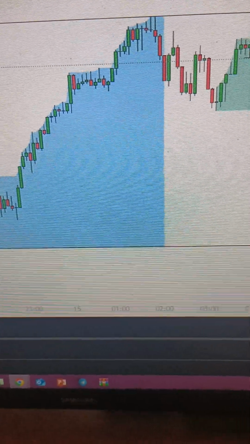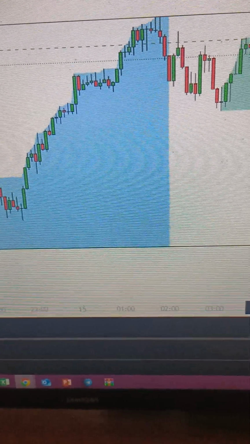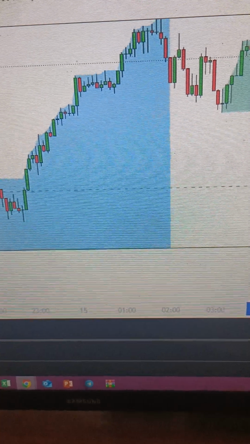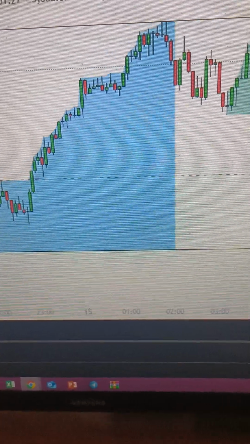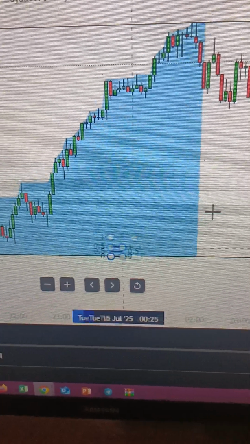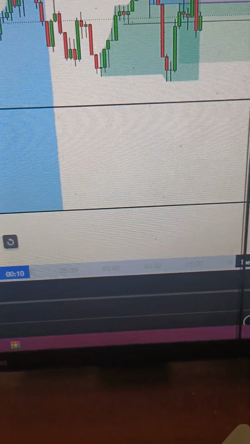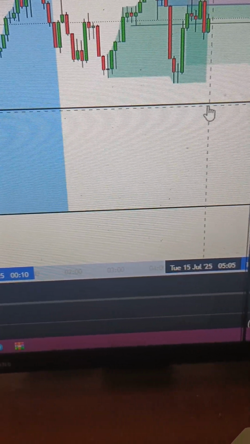We will be targeting down here. But for your first take profit, you see this Asian range, you can do the 50%, so that your first TP is here.